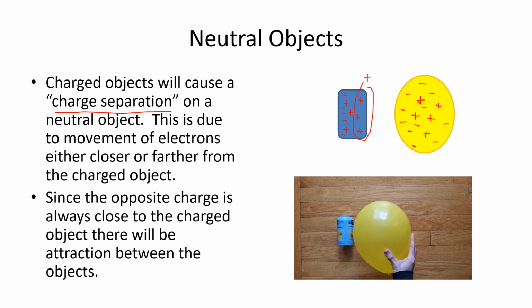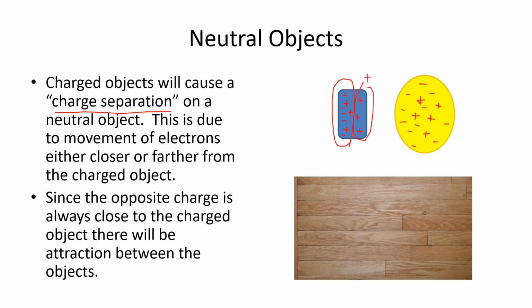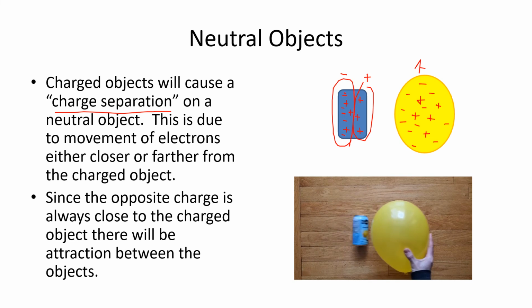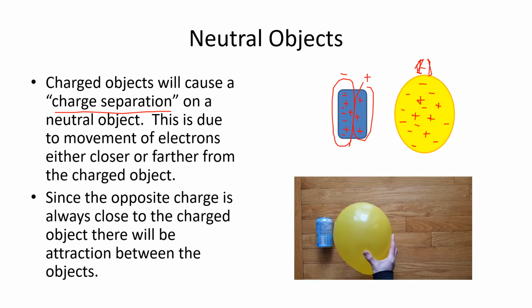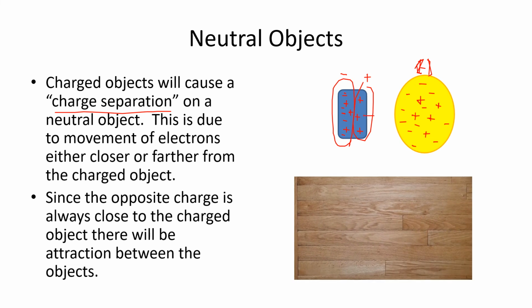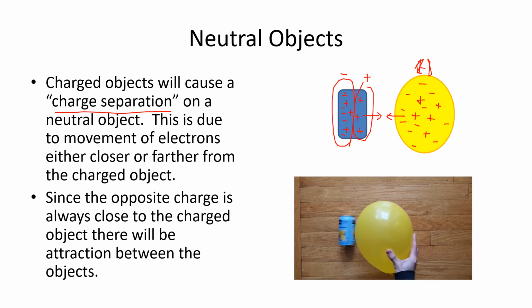And so they call this a charge separation, where within the neutral object, you have two charged sides. You have a negative side and a positive side. Of course, since this balloon is overall negative, there will be attraction here. This positive side will be attracted to this negative balloon, and you get that phenomenon of the can rolling toward the balloon.